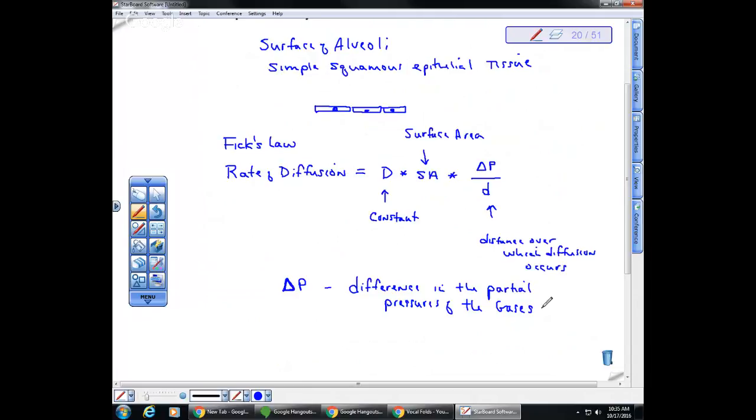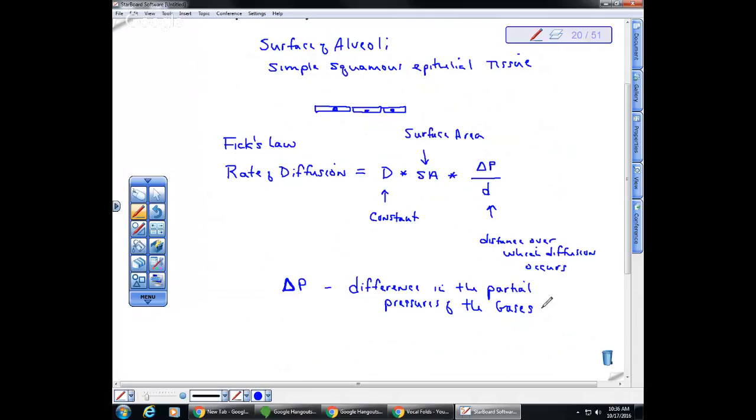You would want that difference to be high because if delta P is a large number, if the difference between the concentration of oxygen in the atmosphere and in the blood is high, then the rate is going to be faster. It's going to diffuse more quickly if delta P is great. We'll talk about that in a minute.